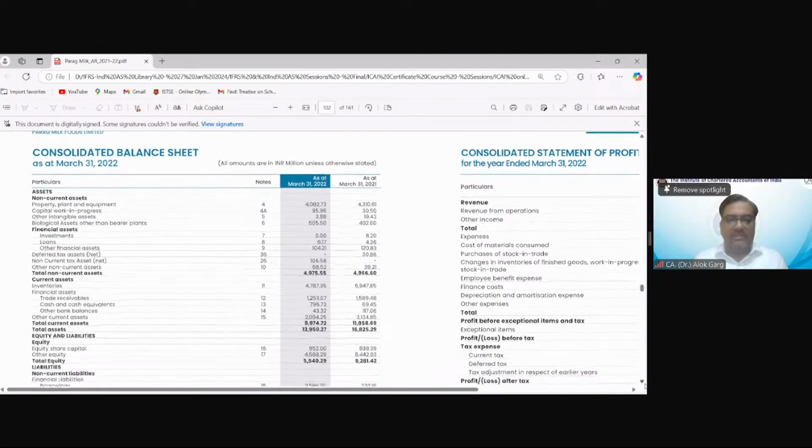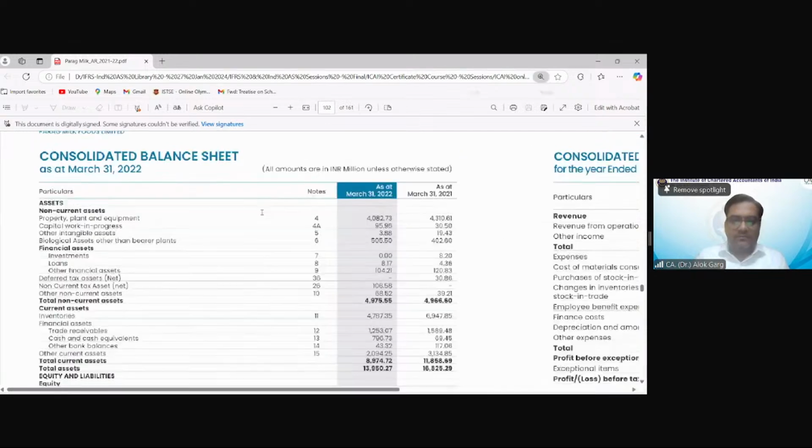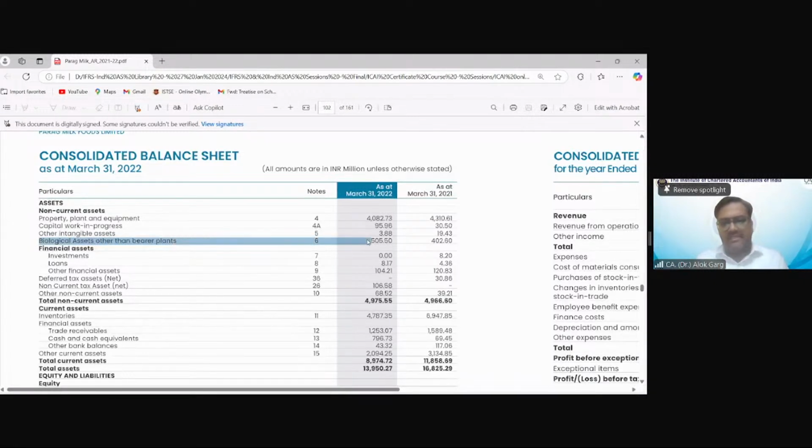In the balance sheet, there is an item, biological asset other than bearer plants, note number 6. 505.5 million means almost 51 crores. Biological assets other than bearer plants, 51 crore.